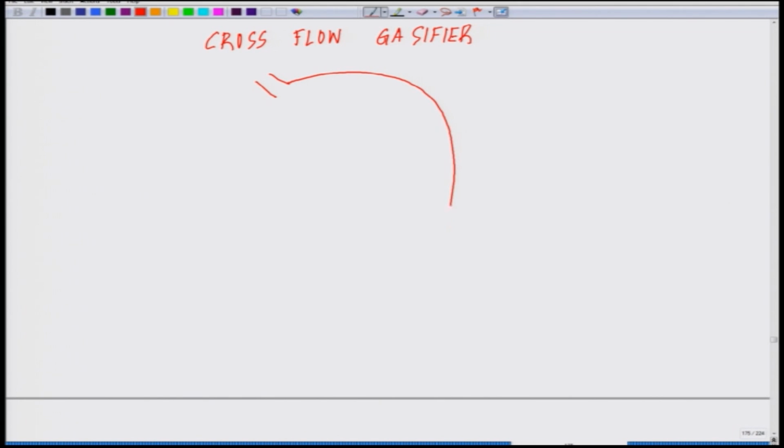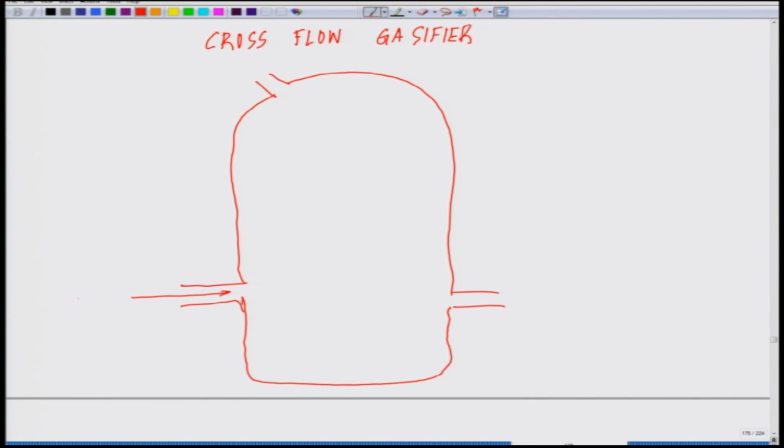Here is the entry port for air, and at the same level you have the exit port for the gas.